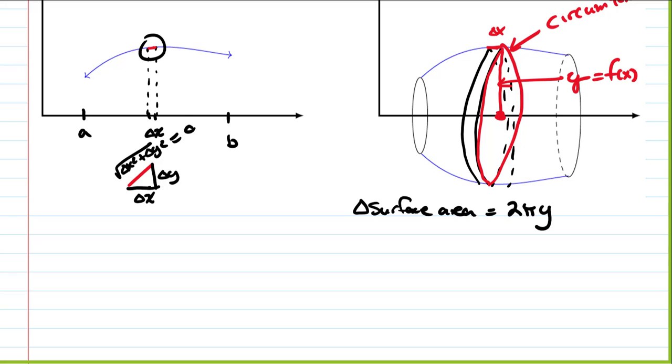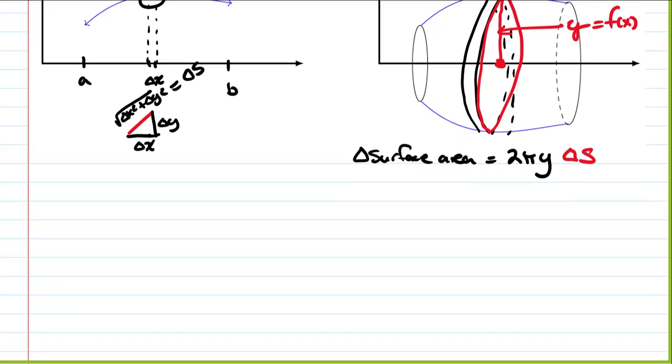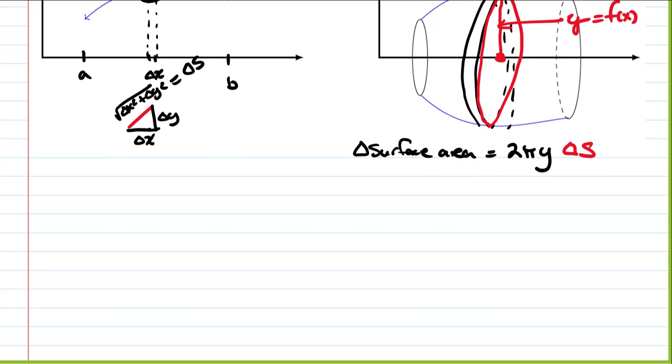We defined this as delta s, or the change in arc length. So this little piece's length is going to be that same delta s. So times delta s. And then if we were to add up all of those pieces, we would get that the surface area would be the integral from a to b of 2 pi times y times ds.